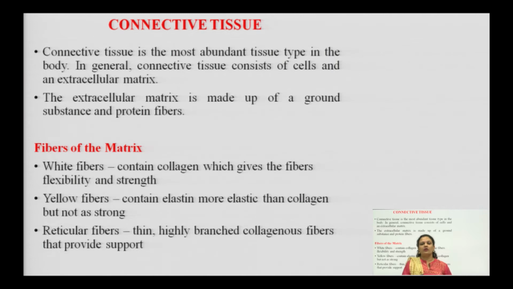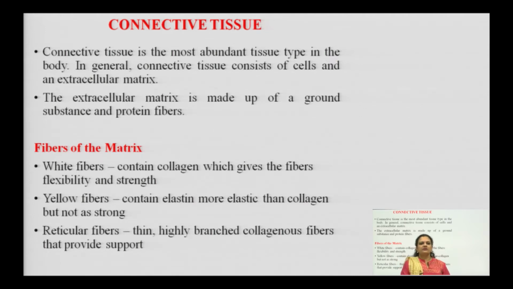Now, we are talking about the yellow fibers. These fibers contain elastin protein, which is more elastic in nature, more flexible or elastic, just like rubber bands, than the collagen protein, but it is not as strong as the white fibers, which contain the collagen protein.